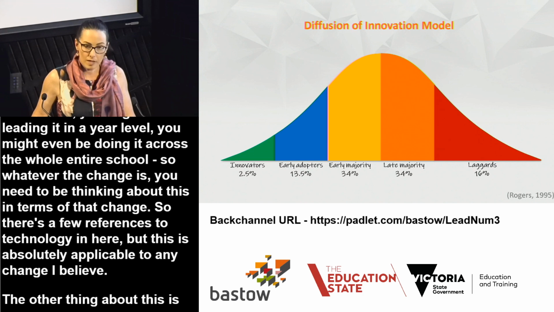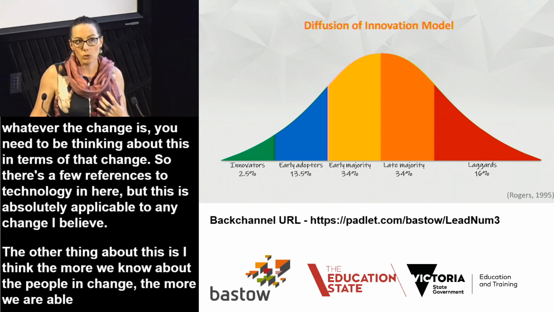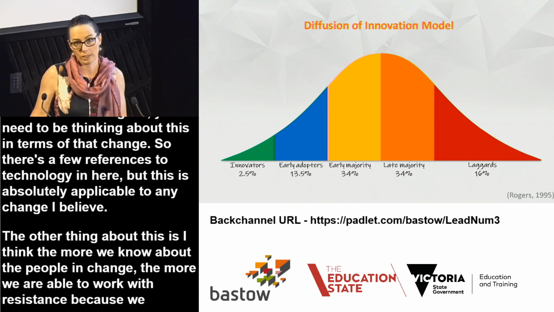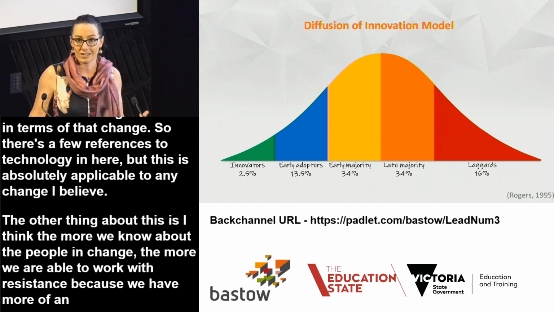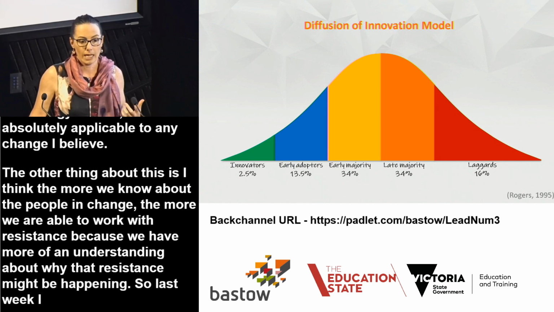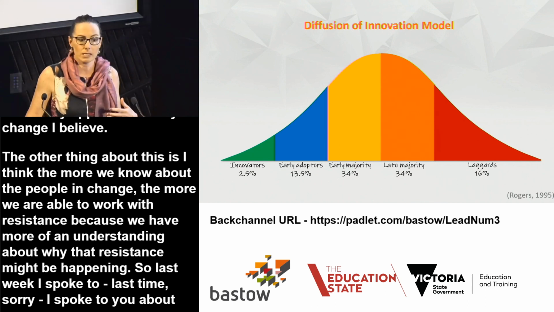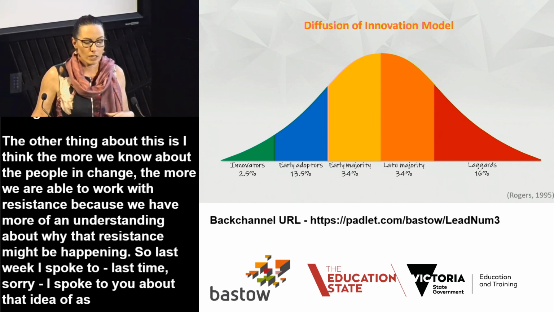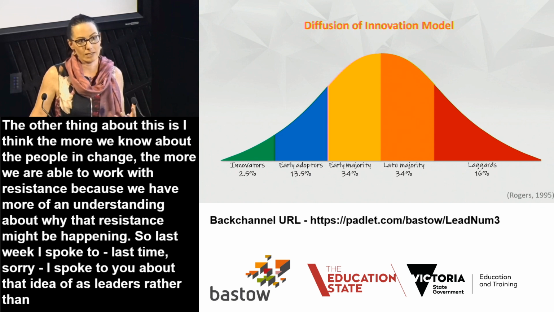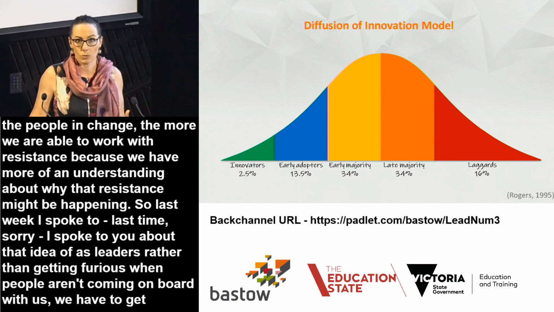The other thing about this is I think the more we know about the people in change, the more we are able to work with resistance because we have more of an understanding about why that resistance might be happening. And so last time I spoke to you about that idea of we have to, as leaders, rather than getting furious when people aren't coming on board with us, we have to get curious.